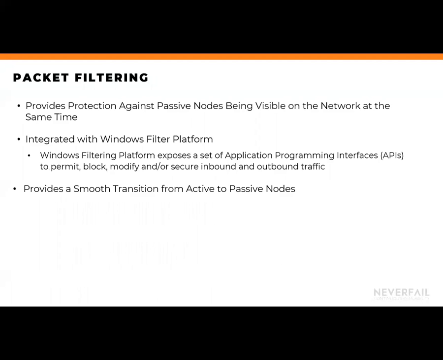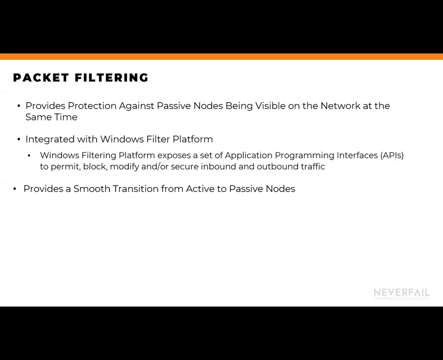Let's talk about packet filtering now. With packet filtering, this ensures that only one copy of the server is available at any one time on the network. So what we've done is we've integrated with Windows Filtering Platform APIs. Back in the version 6 days, we used to have a specific packet filter VXD, if you will, that was part of the operating system we installed.